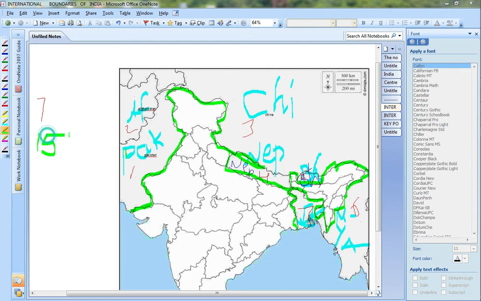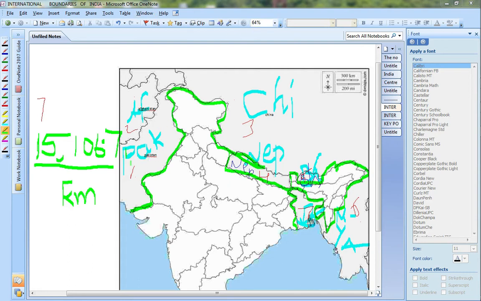The length of the international boundary line is 15,106.7 km. What is the length of India's international boundary line? 15,106.7 km, right?